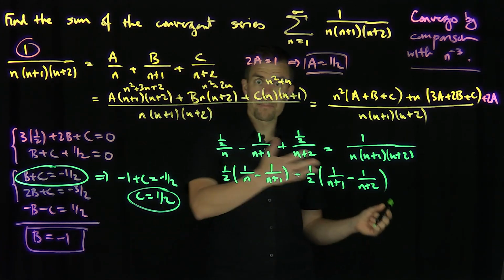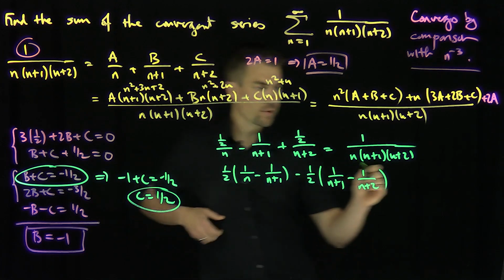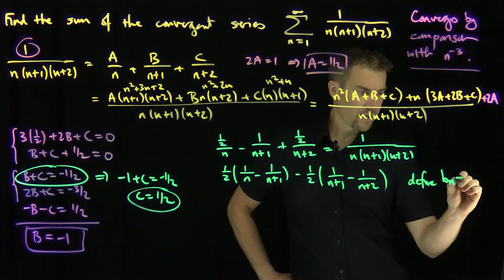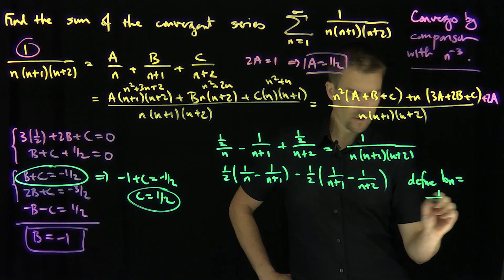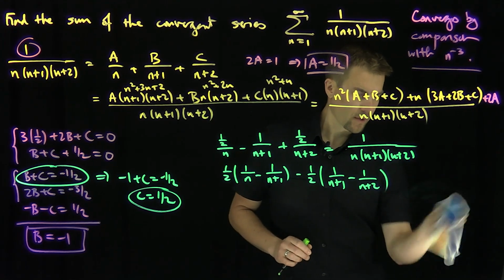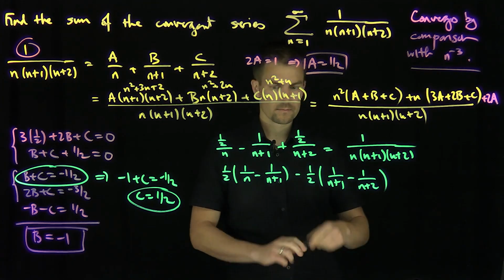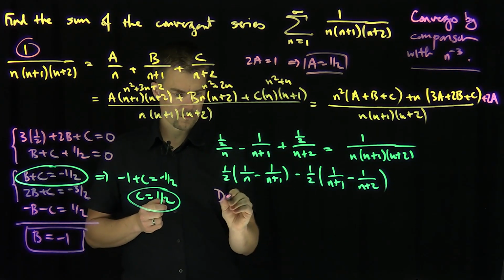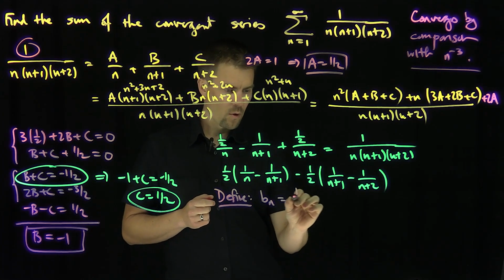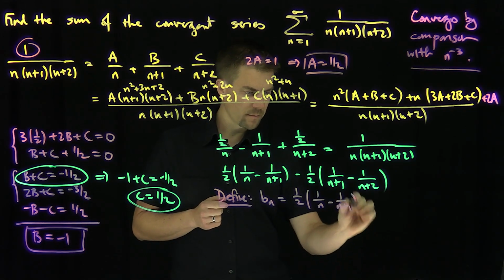And so now our sum becomes this telescopic sum. Let's define b_n to be 1/2 times 1 over n minus 1 over n plus 1.